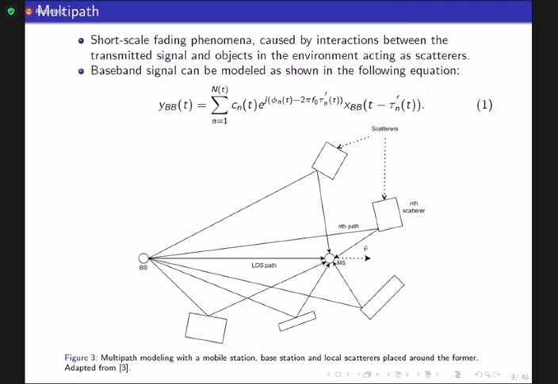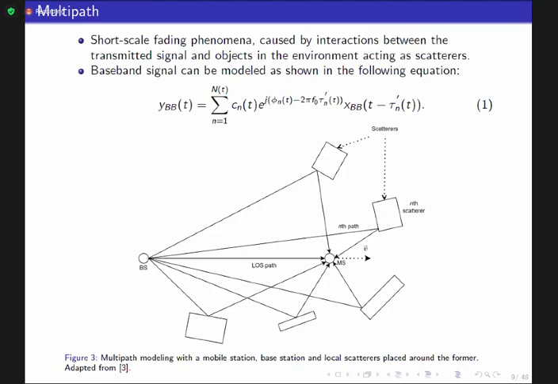First, multipath. This is commonly known as a short-scale fading phenomenon. It is mainly caused by interactions between the transmitted signal and different objects located in the environment. These objects act as scatterers. At the receiver end, instead of just the transmitted signal, you get a superposition of several copies with different attenuation coefficients, phase delays, and time delays, all added up.